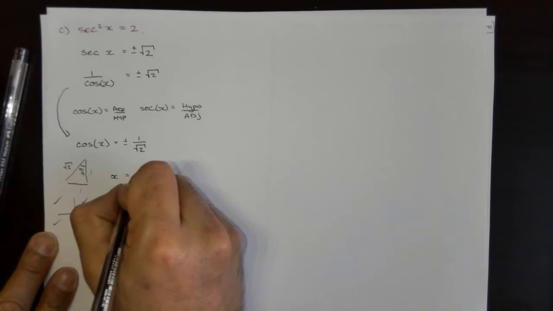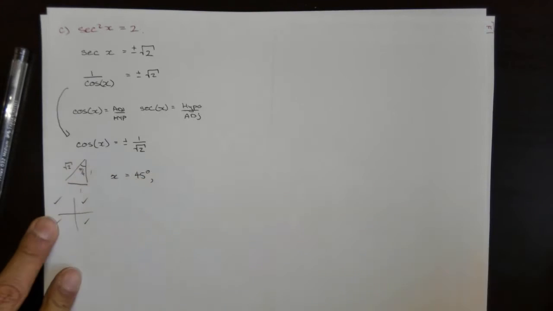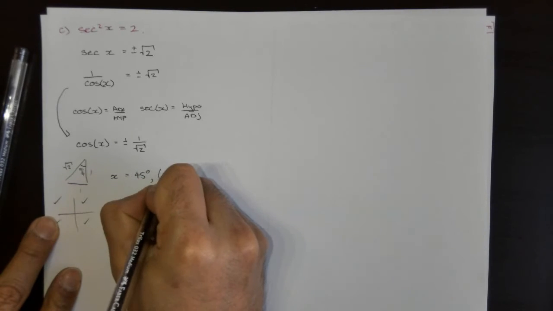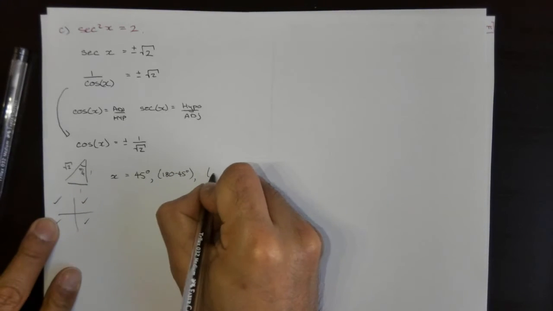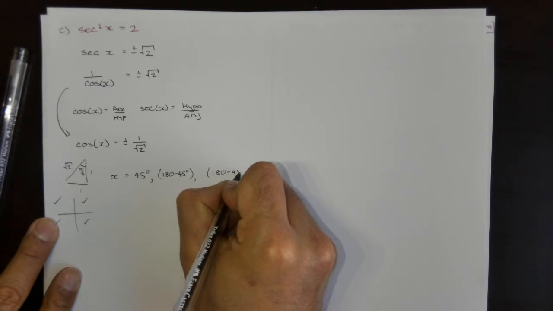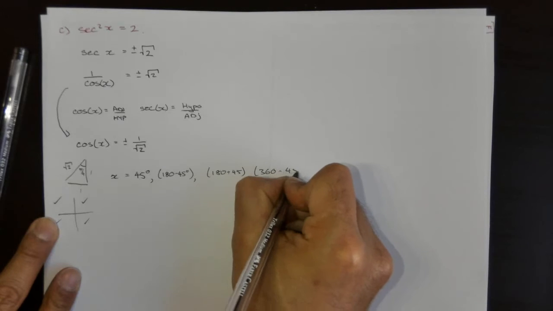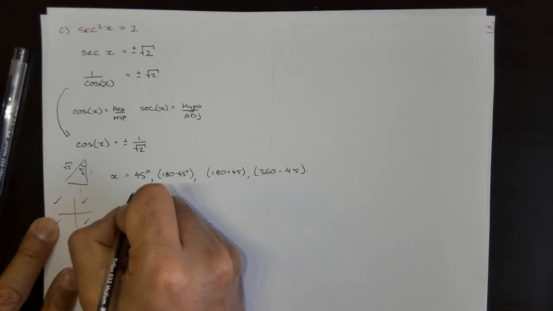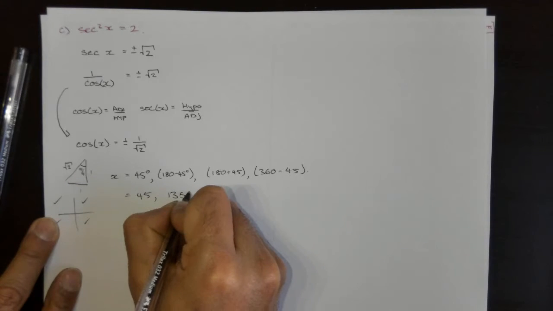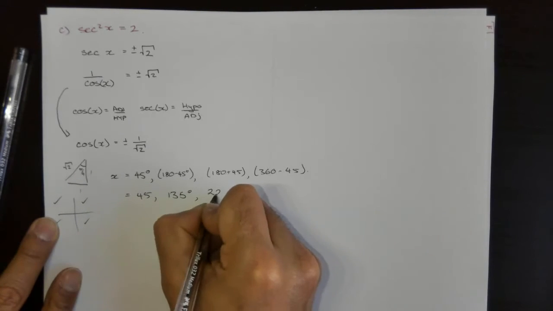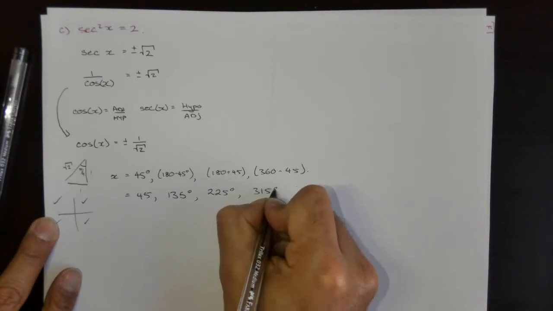So we really want x equals 45, 180 minus 45, 180 plus 45, and 360 minus 45. So we get 45, 135, 225 degrees, and 315 degrees for that solution.